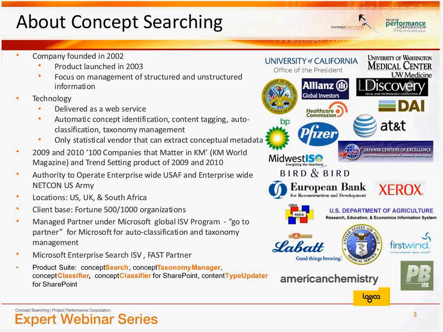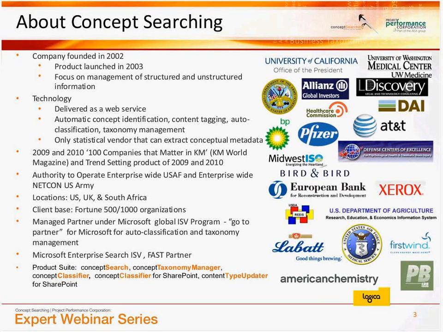After she's done, we'll then go ahead and do a little session on conceptClassifier for SharePoint 2010, which provides term store management and allows you to work with multiple taxonomies. And what it allows you to do is to automate the process of tagging content as you upload it into SharePoint. Again, Concept Searching itself, the company has been around since 2002, shipping products since 2003.